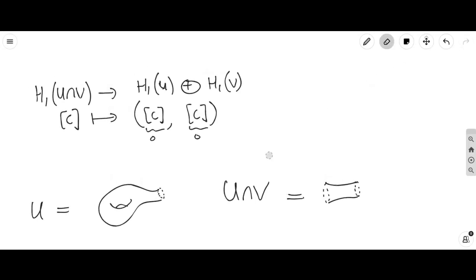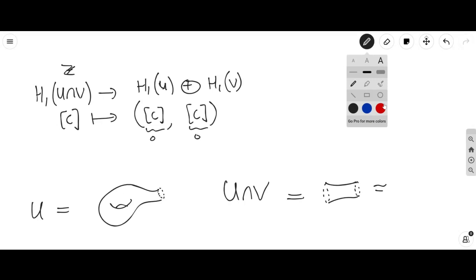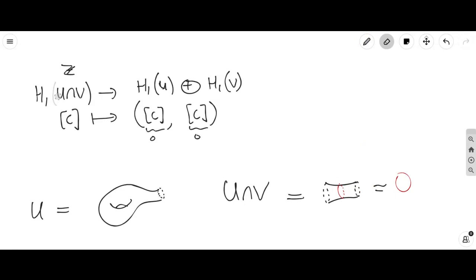Now, we've said that the first homology group of this collar is isomorphic to Z. So because it's isomorphic to Z, you have one generating cycle, and the generating cycle is the one that goes one time around, because this collar homotopes to this middle circle. And so the generator for that group would just be the cycle that goes around it.